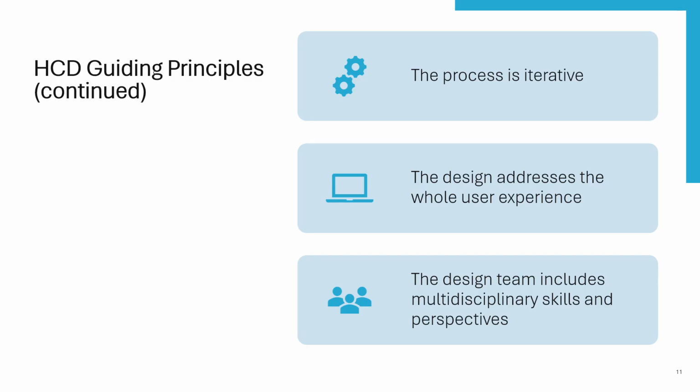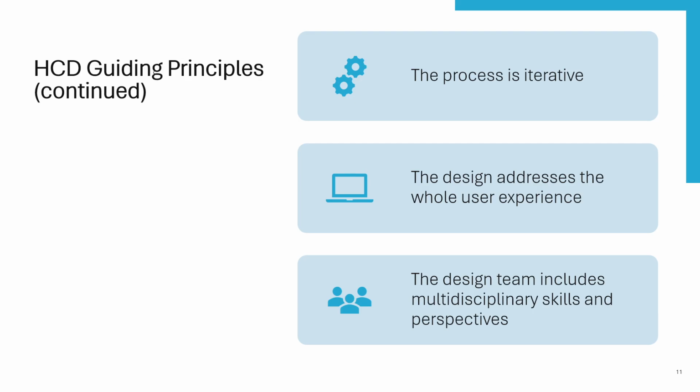Also, in the guiding principles, this is an iterative process. It's not that you just talk with the user today and then forget about the user and come up with the product and present that to the user. No, it has to be at every single step, with continued improvement.